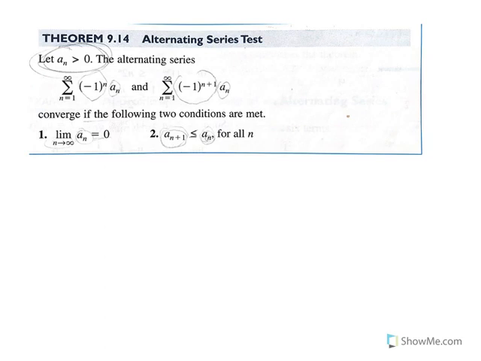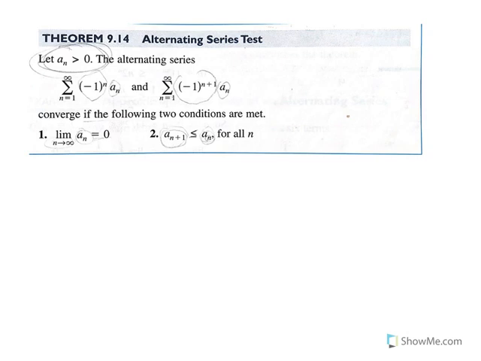So the argument for the proof is looking at the sequence of partial sums and arguing that, because of the conditions that are stated for the alternating series test to be applicable, the sequence of partial sums must be both bounded and monotonic, and therefore the sequence of partial sums must converge, and therefore, by definition, the series must converge. But that's if you want to look at the proof, that's what you would look for when you're reading it. But now we want to focus on applying the test.